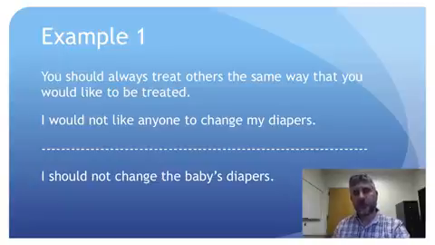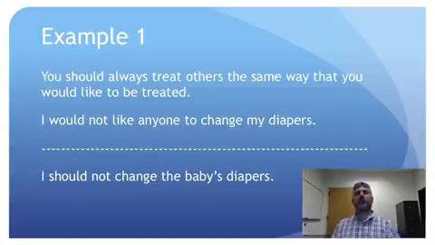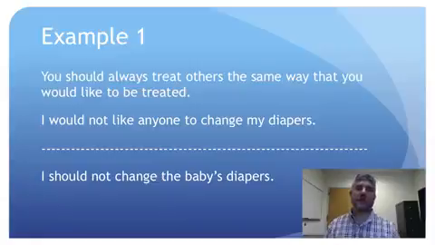Now, those claims are true. You should usually treat others the same way that you'd like to be treated yourself. But that doesn't mean you should always treat others the way that you'd like to be treated yourself. That general claim about how you should always behave is false, and our counterexample shows it.